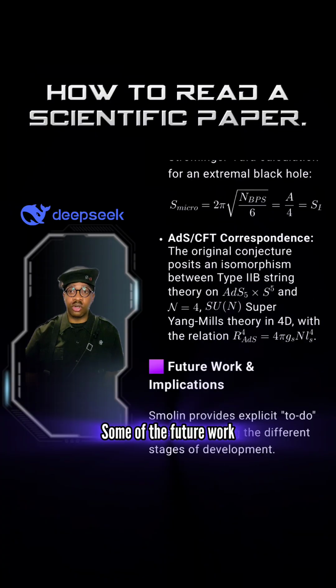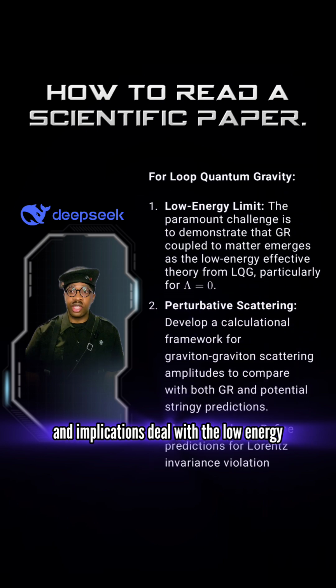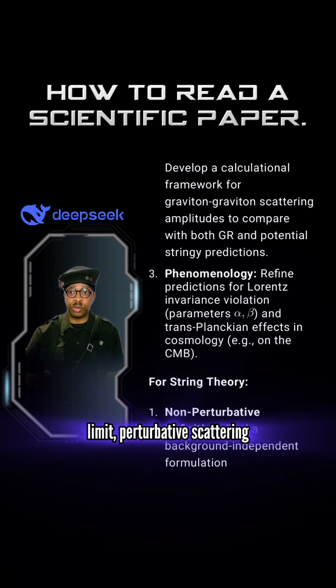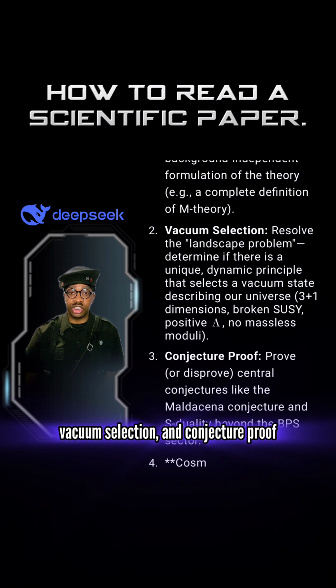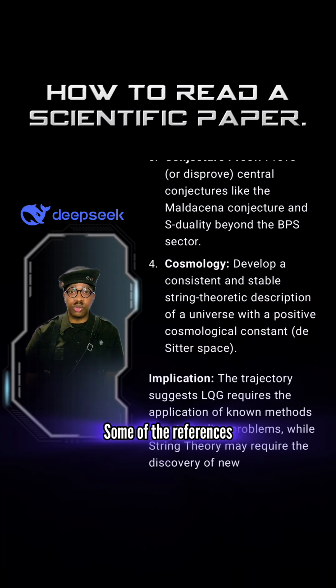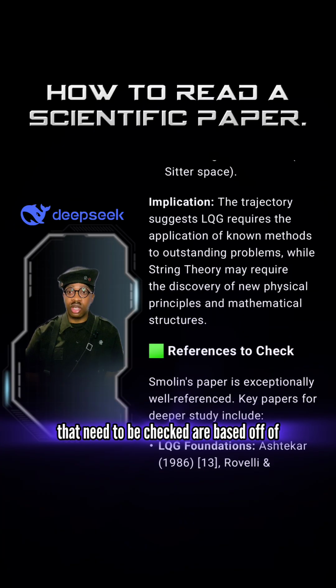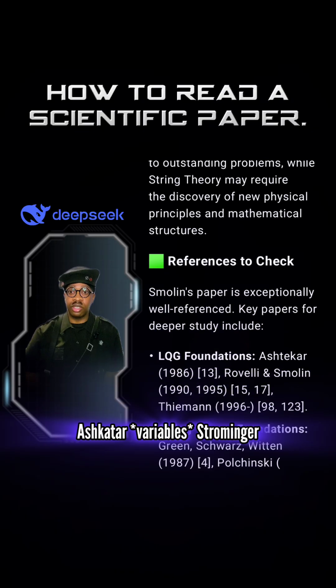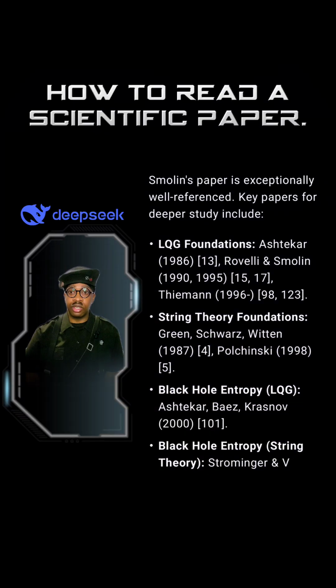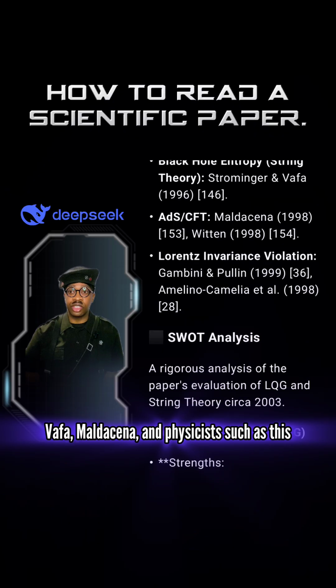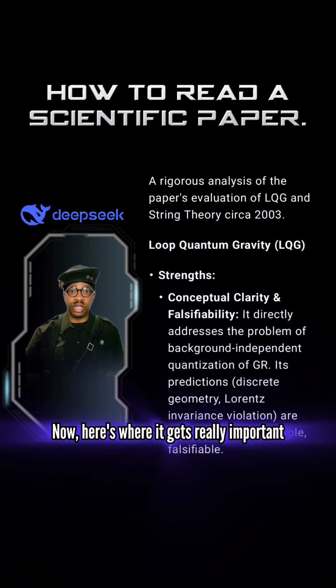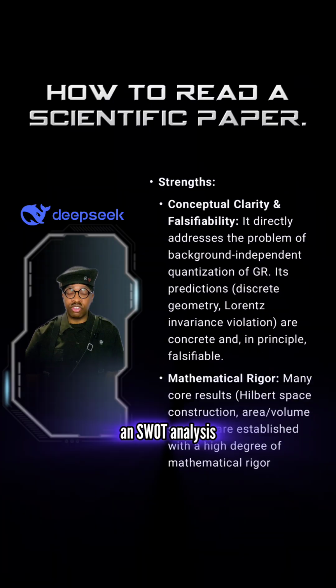Some of the future work and implications deal with the low energy limit, perturbative scattering, vacuum selection, and conjecture proof. Some of the references that need to be checked are based off of Ashtekar variables, Strominger, Vafa, and physicists such as this. Now, here's where it gets really important, a SWOT analysis.